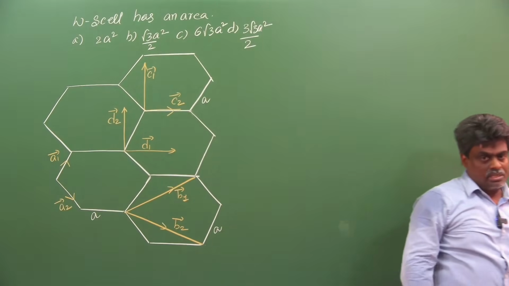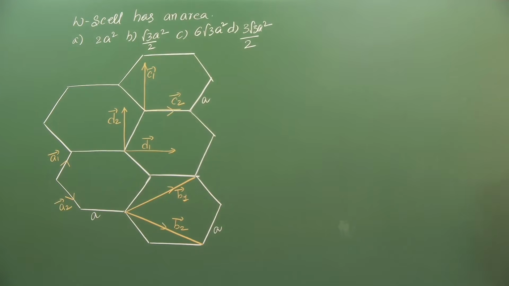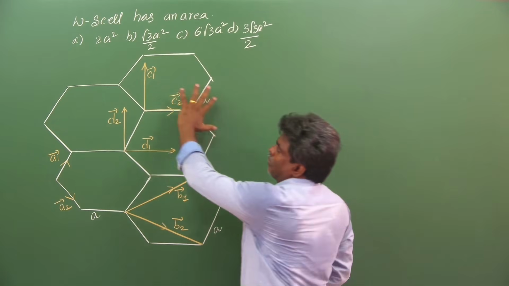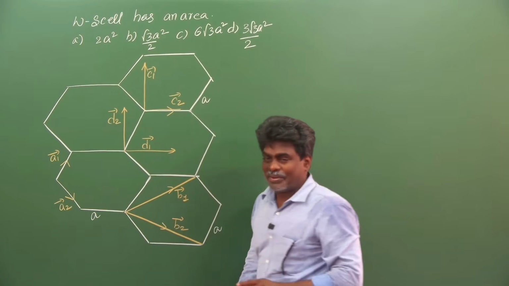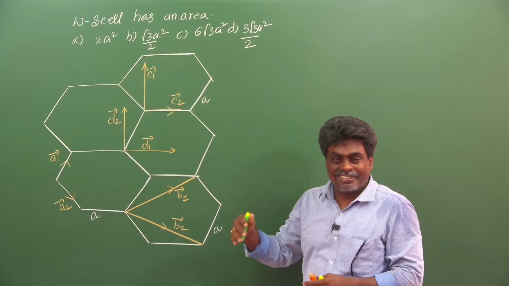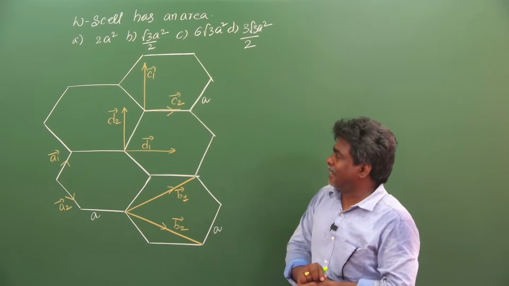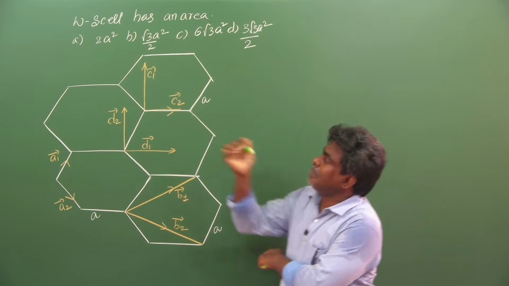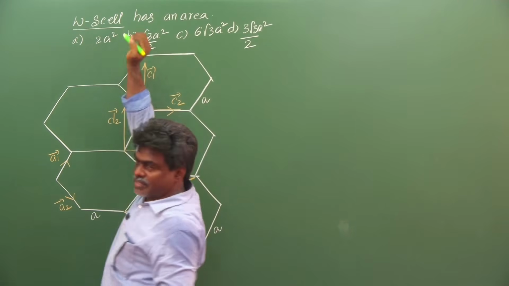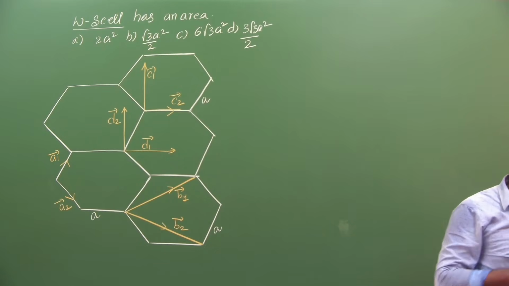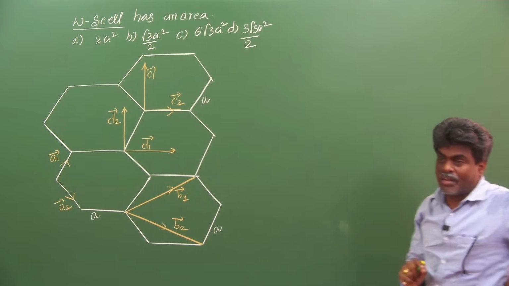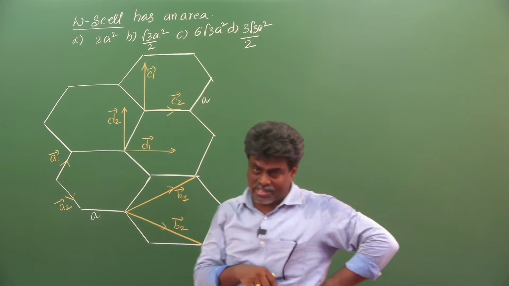I will explain this. Next one, try to do it. Now ready. So this is the honeycomb structure. Now he is asking what the Wigner-Seitz cell is. What is the Wigner-Seitz cell? A primitive cell. What is a primitive cell? The minimum volume unit cell.